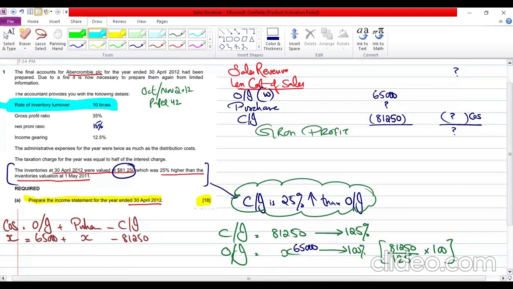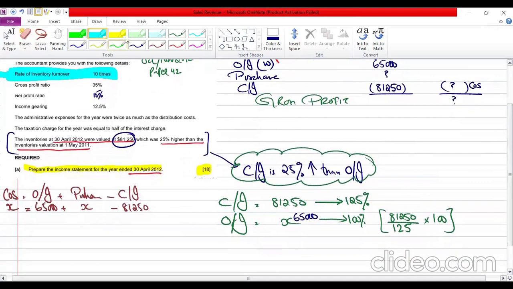They mention here inventory turnover in times. So how do we find inventory turnover?